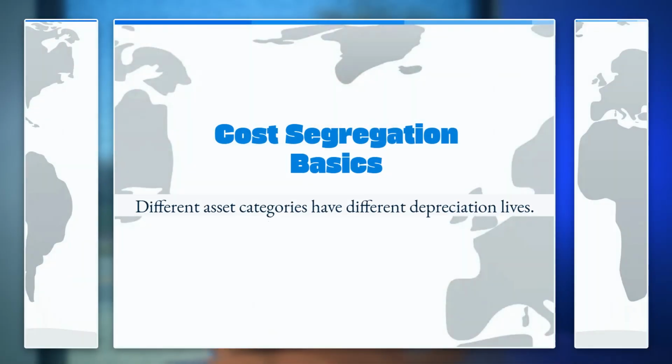The IRS has different categories and different useful lives for different categories of assets. So the building itself and the main components of it have that higher useful life, so 30-year straight line depreciation that you have to use. But other things like furniture and equipment have lower depreciation lives.